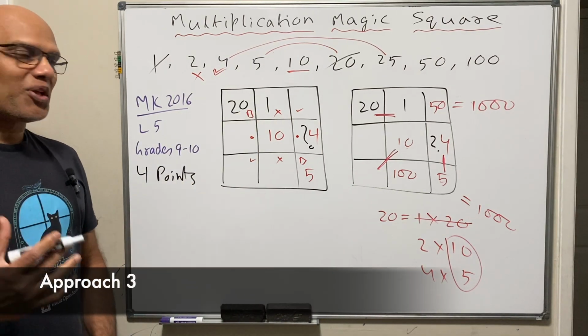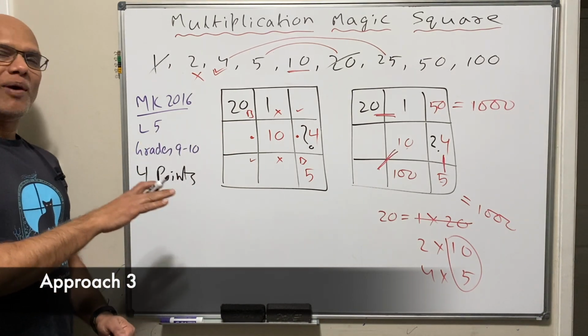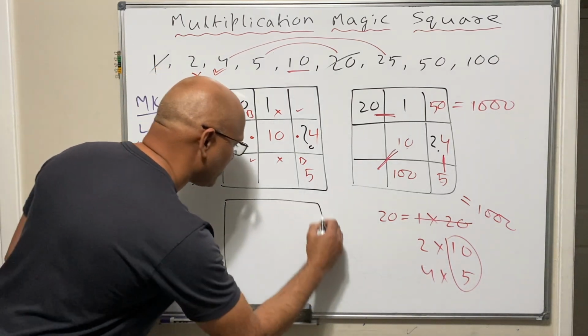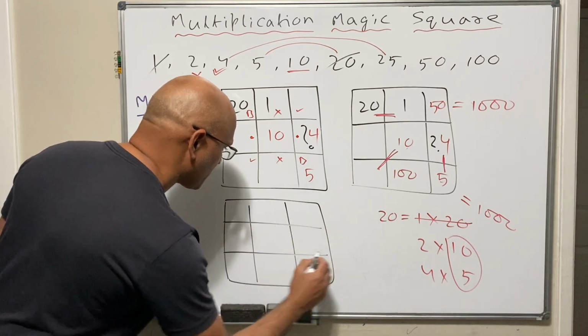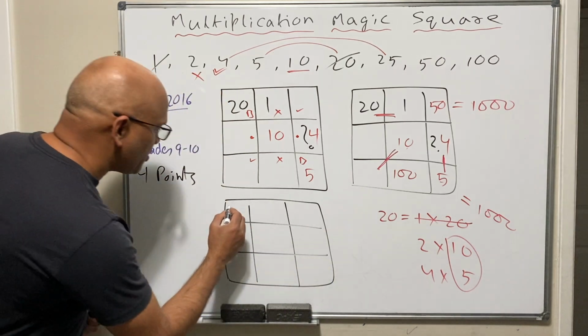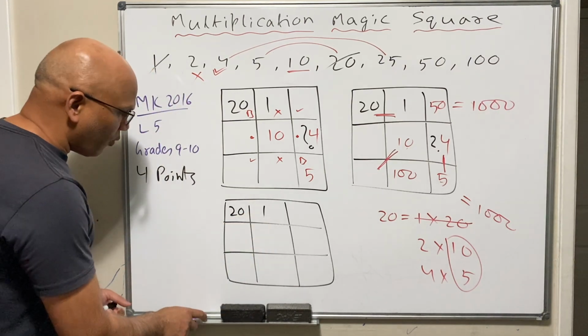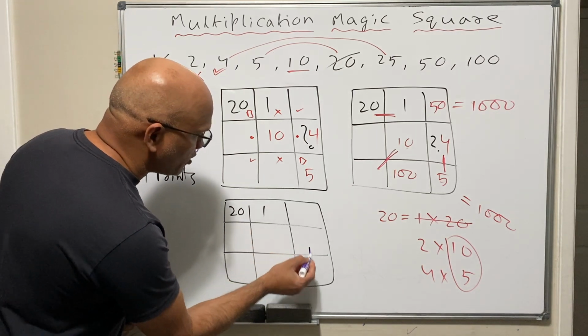There is yet another way I had tried this problem. In fact, this is how I had tried the first time. So let me show you that. Let me draw this. So this is 20 and this is 1. So one thing we know is that the product of this should be 20.